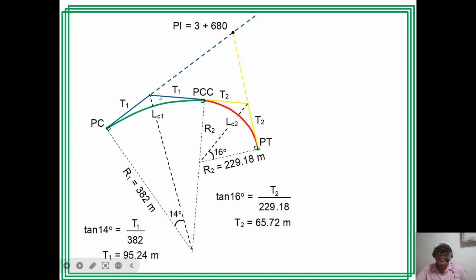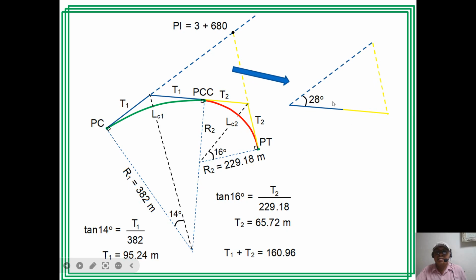Now, I can consider this triangle here, and the common tangent is T1 plus T2, so that is 160.96. So I can consider this triangle here. So this is 28. This is 32. This is T1 plus T2. This angle is 120 na.